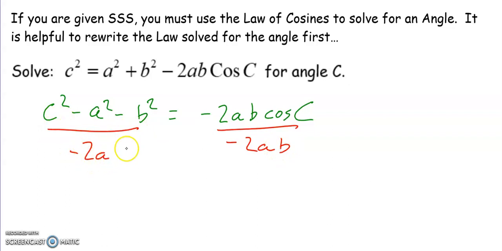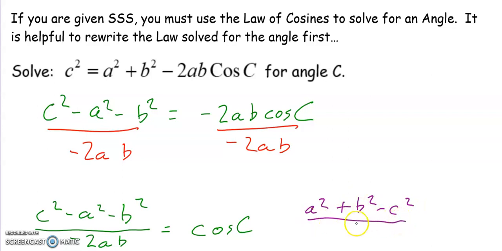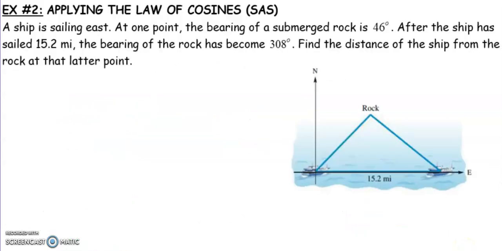That leaves me with C squared minus A squared minus B squared over negative 2AB equals the cosine of C. Or alternately, since I have a negative on the bottom, I can change all the signs and say A squared plus B squared minus C squared all over 2AB equals the cosine of C. Whichever one you're comfortable with is the one you can use to get cosine C by itself.